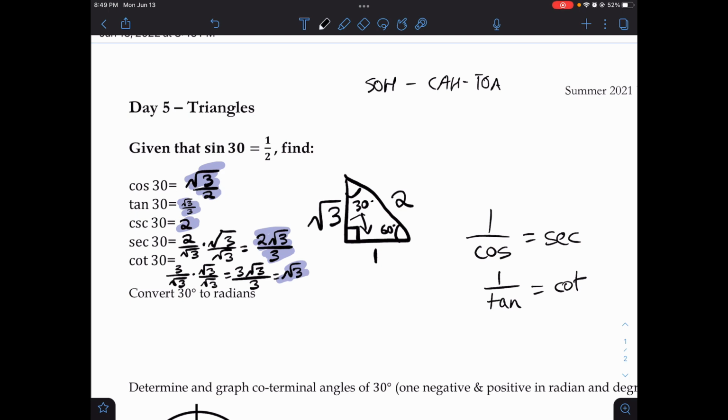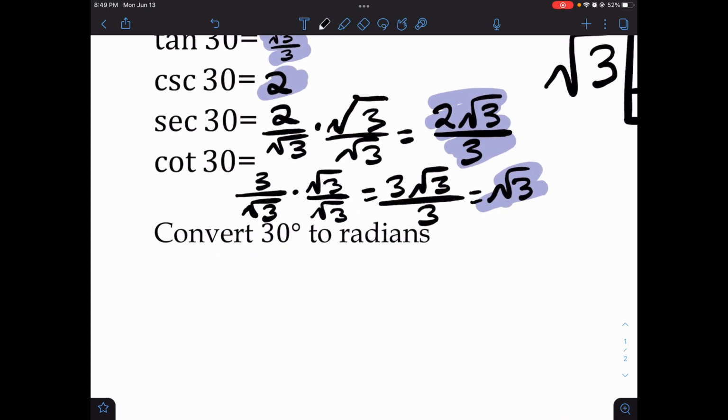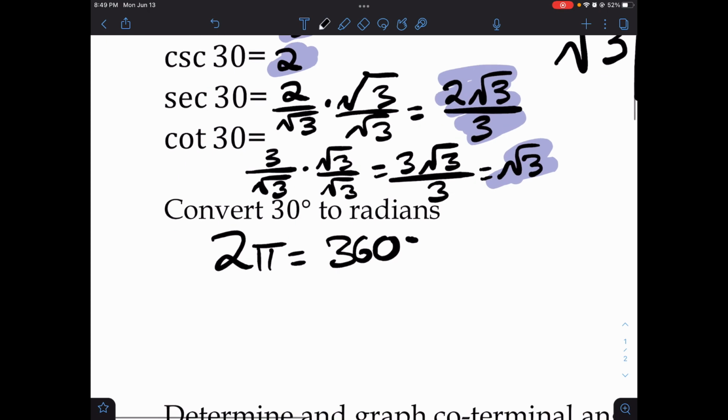Okay, so it says convert 30 degrees to radians. Okay, so first we have to know that 2 pi is equal to 360 degrees. Now we can use a proportion to solve.